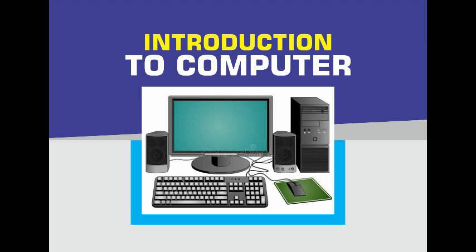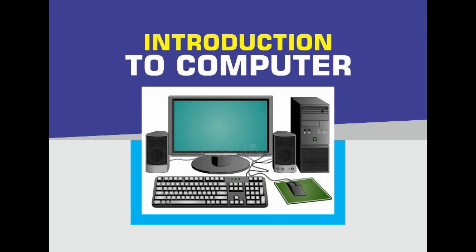Then we have program. A program is a set of instructions that enables a computer to perform a given task. For example, you cannot just turn on the computer and start to type. No, there is a certain set of instructions. There is a certain application that will enable you to type.